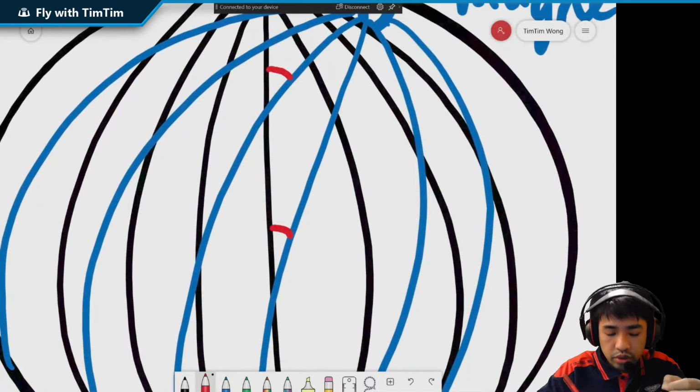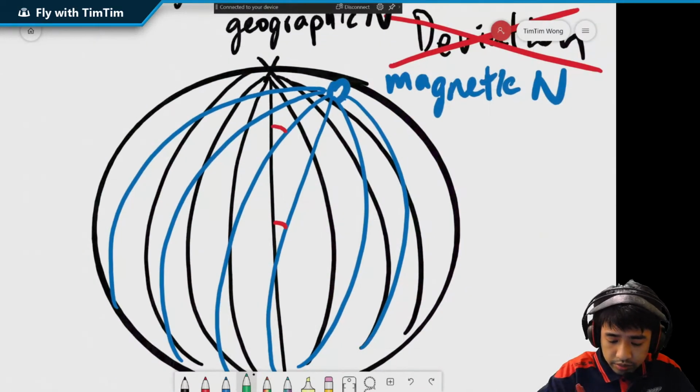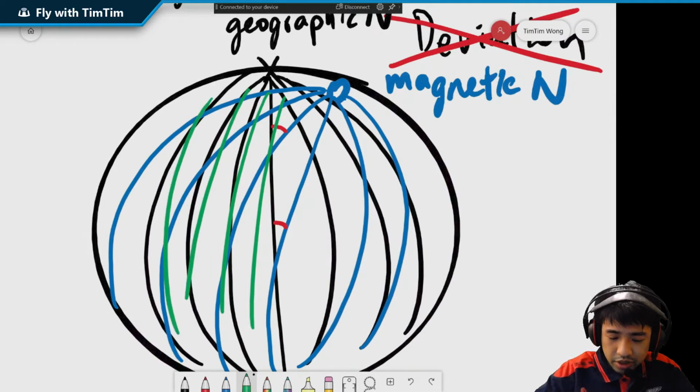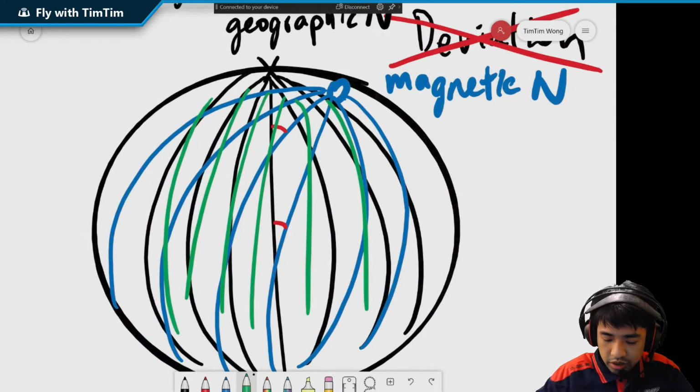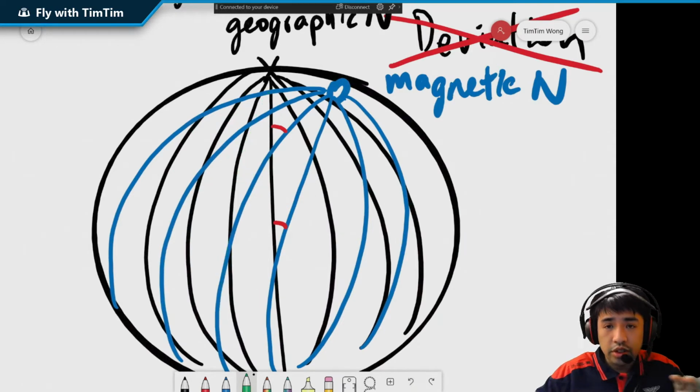And if we draw lines where the angle would be constant, those are called isogonal lines. I'm not quite sure how to draw isogonal lines, but we focus on the angles today.